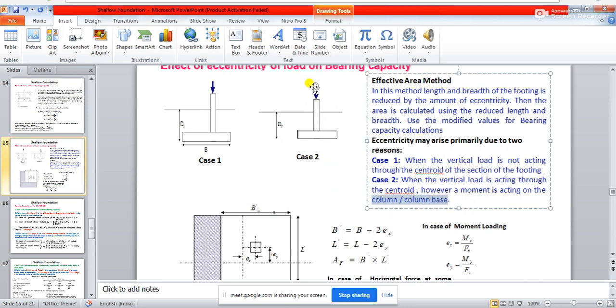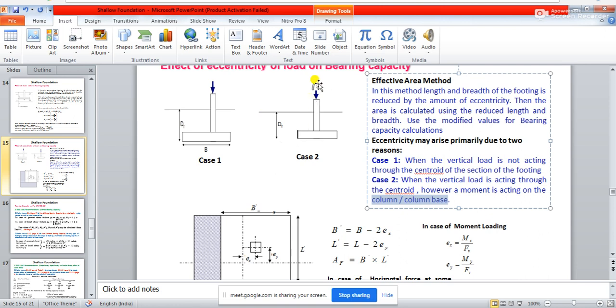Because of the introduction of the moment, some effect of eccentricity will come into the footing. Basically, whenever there is a moment acting on a column, that column will be trying to overturn the footing, and thus that moment will be taken care of in the bearing capacity equation through the effect of eccentricity.